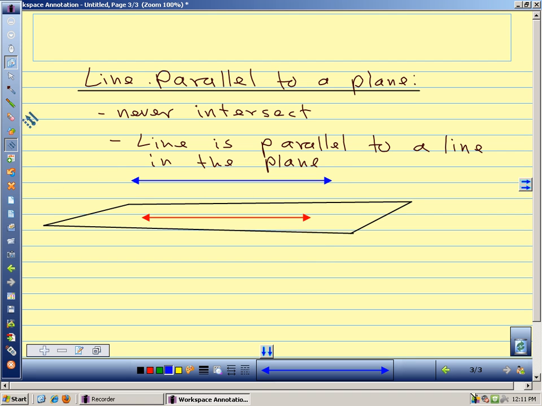And the blue line is parallel to the red line. So the blue line is parallel to the plane. That guarantees that this line and this plane are never going to touch if the two lines are parallel. The red line is in the plane, and the blue line is parallel to that line.